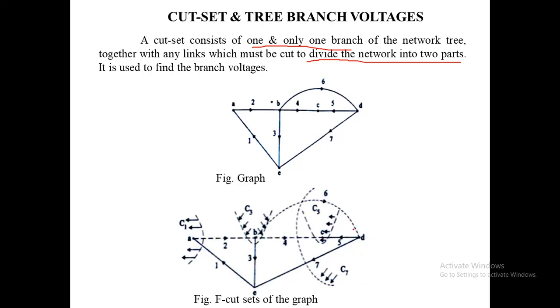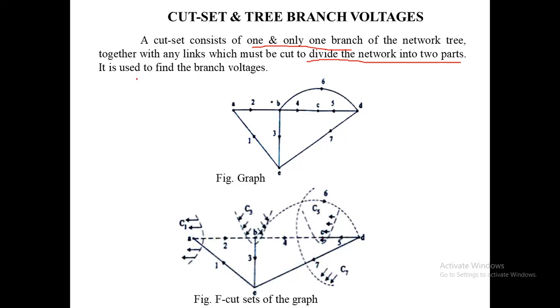We can't cut this D node because this D node has two solid lines, that is two tree branches, but it should have only one solid line, that is only one branch of the tree. This is the way we have to cut the graph.